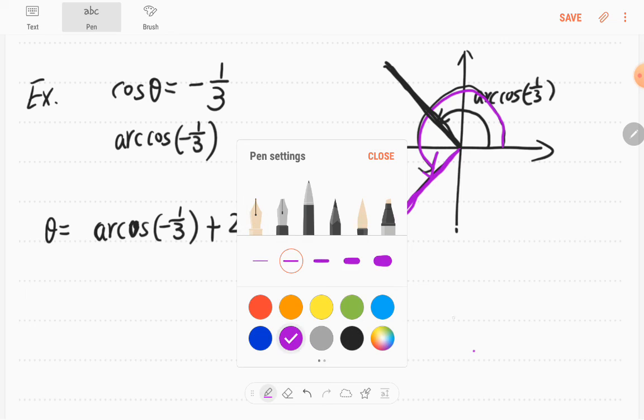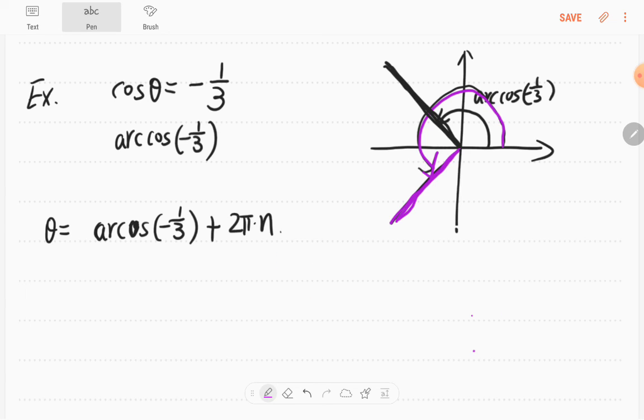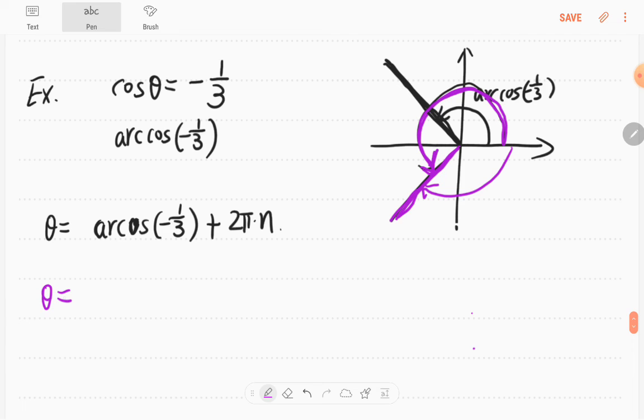Okay, so let's look at this terminal angle. It's not easy, but we look at this part. This angle also has the same terminal side, right? So this would be theta equals what?